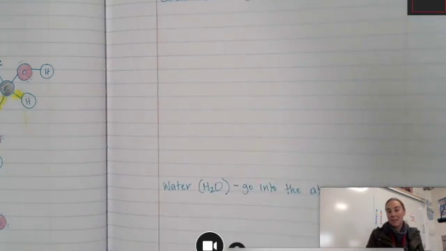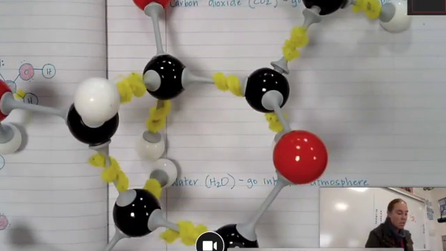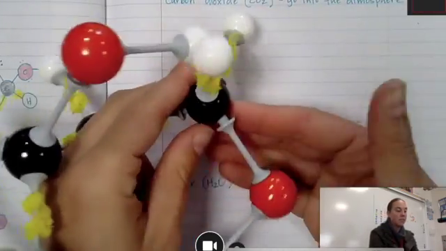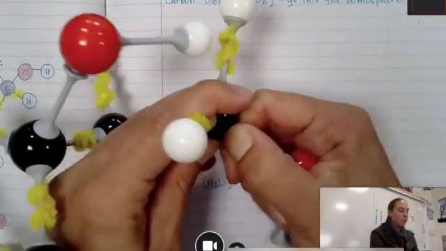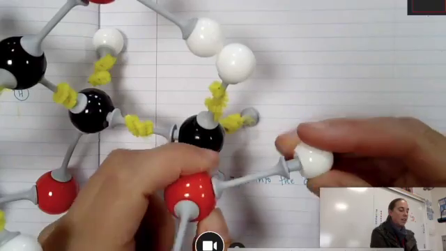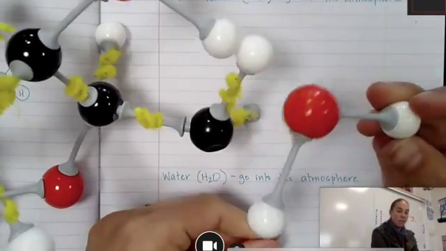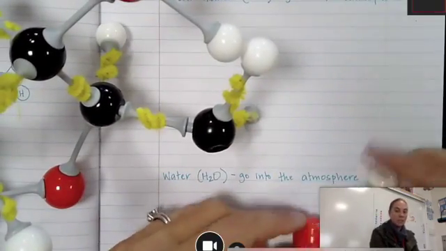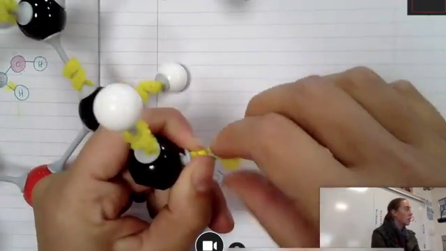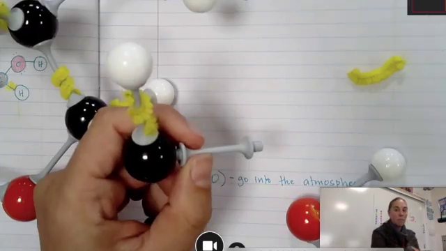So let's see how this is going to work. If I've got my massive glucose here, then I need to start taking these things off and rearranging them. So the first thing I'm going to do is remove an OH and an H, and that's going to become one of my water molecules. So I'm going to set that there. Now, when I broke this bond, it's no longer a high energy bond, so I'm going to remove that twist tie.